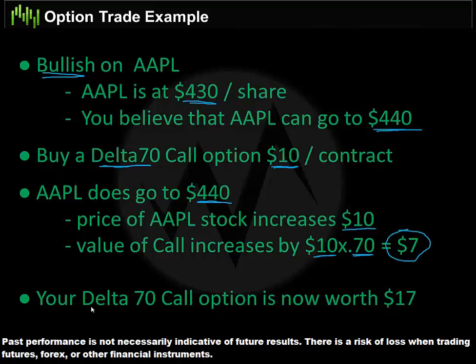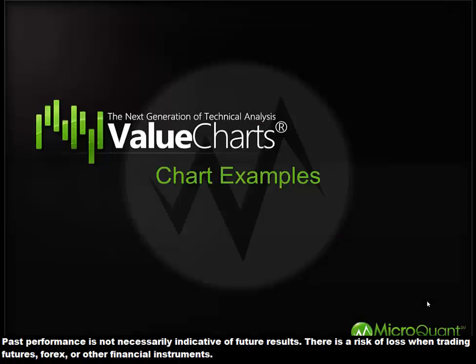So now, when Apple hits the targets you were looking for, the Delta 70 call option is now worth $17. It goes from $10 to $17 over the time span of one day. That's a 70% return. That's not unheard of, especially the way Apple moves, but it's a very good example of the leverage used with options.